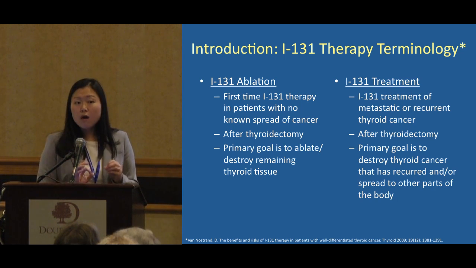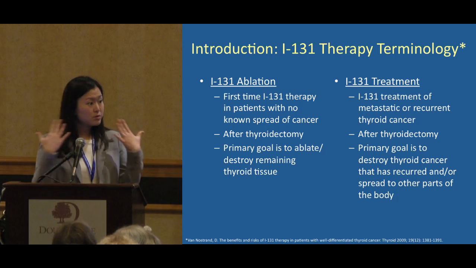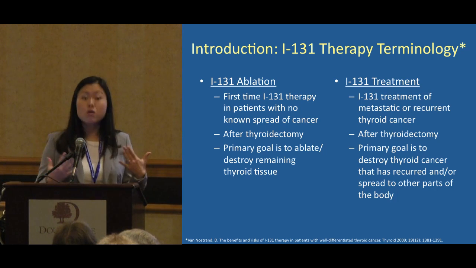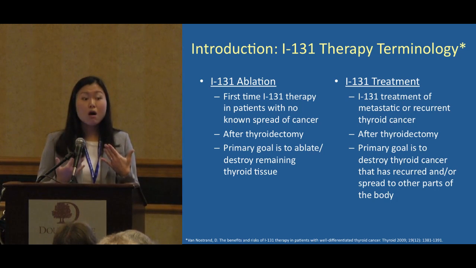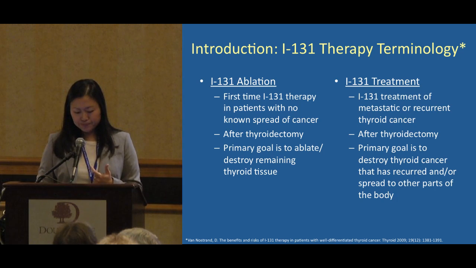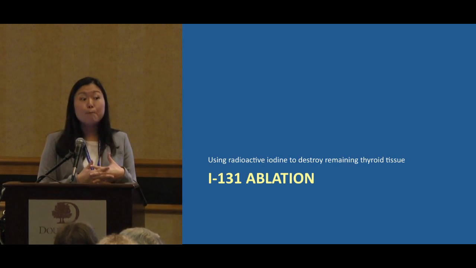But the primary goal is to destroy thyroid cancer that has spread to other parts of the body and/or has come back from a prior treatment. These patients are going to get much higher doses of radioactive iodine because we're treating for a different purpose. So I'm going to start by talking about I-131 ablation.